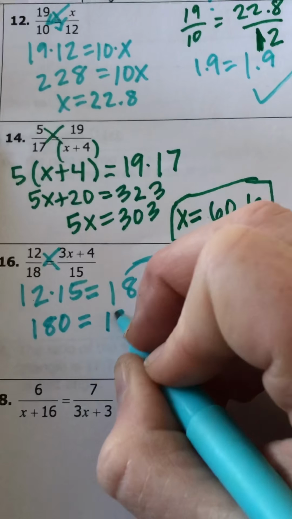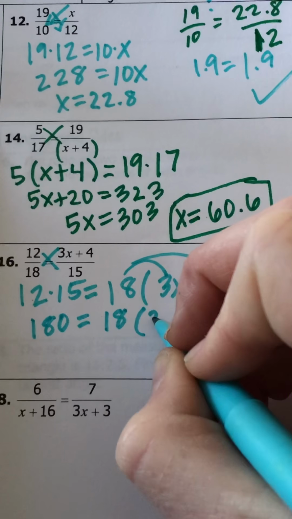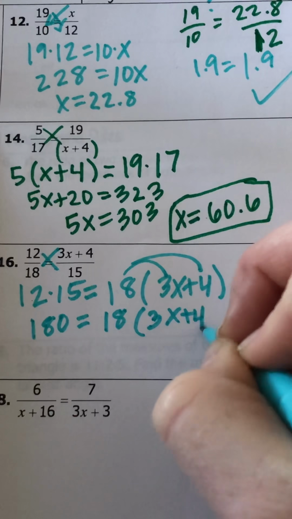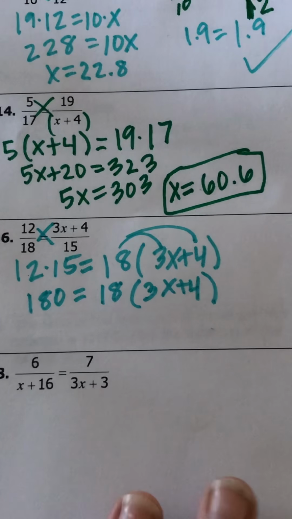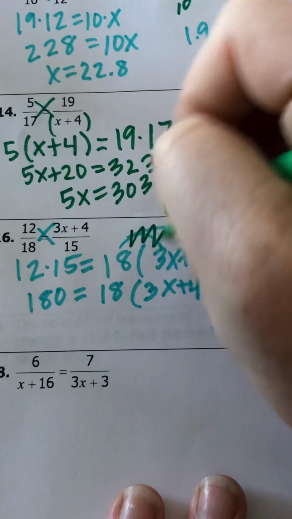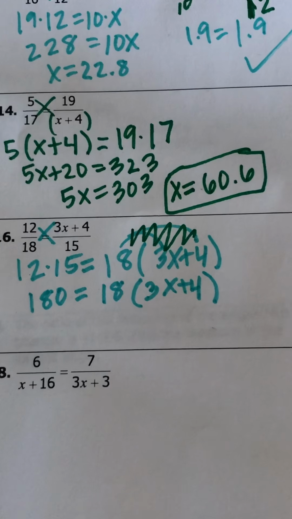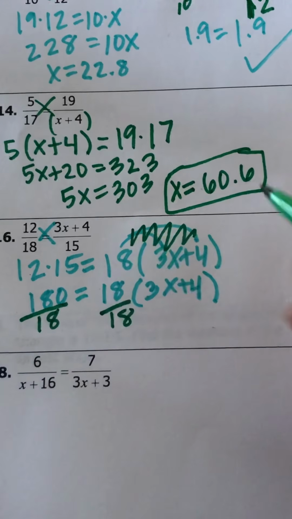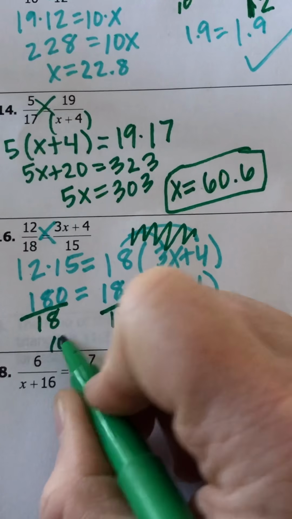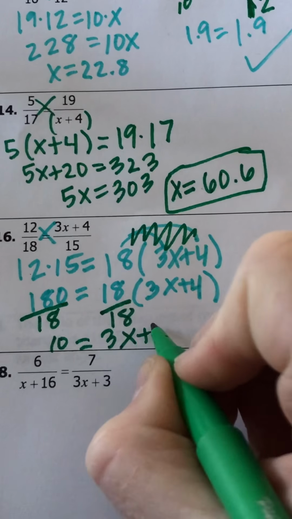Oh, let me talk about one other way to solve this. Okay, one other way you can solve this is if I didn't distribute and I took that away, boom, that's gone. I could still just divide both sides by 18 here. And that would give me a nice equation to solve.